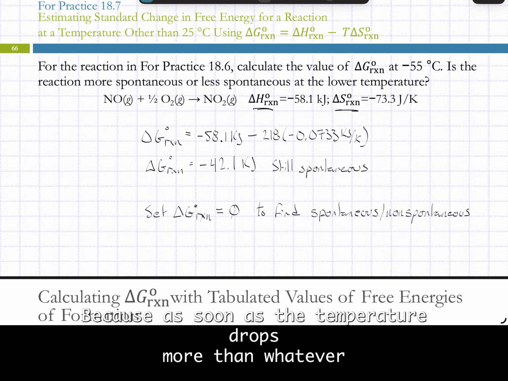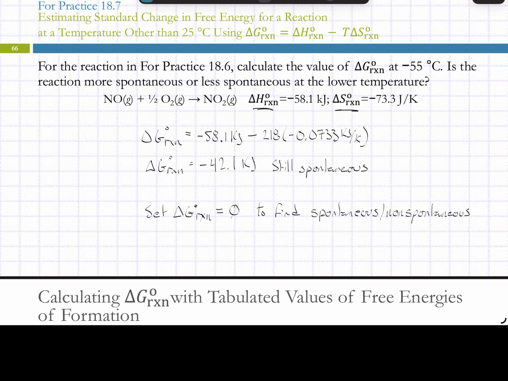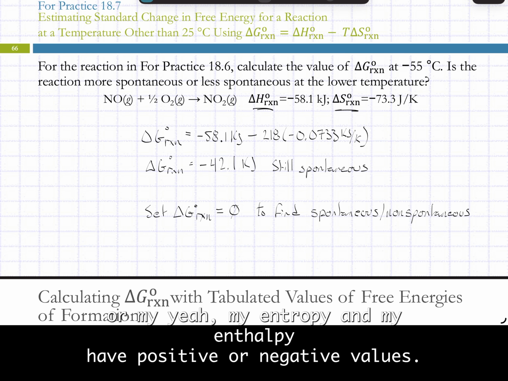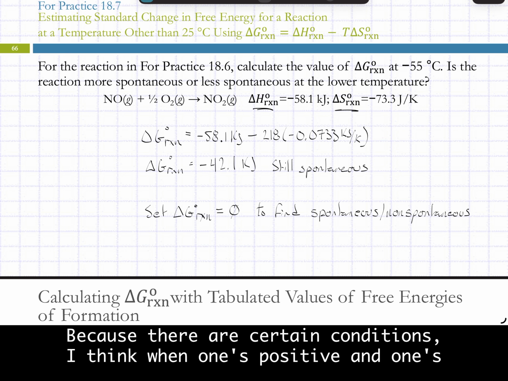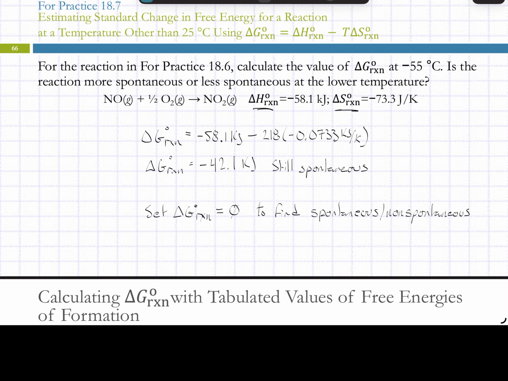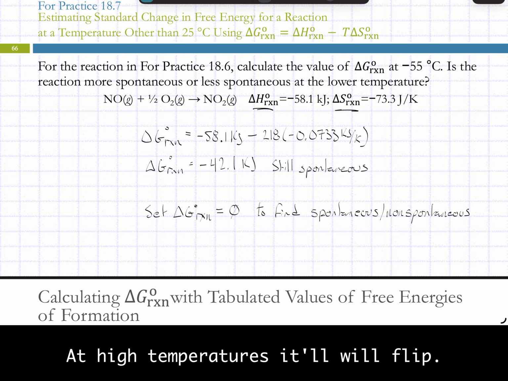Right? Because as soon as the temperature drops more than whatever it is when delta G is 0, then delta G will become positive. And this changes depending on whether my entropy and my enthalpy have positive or negative values. Because there are certain conditions, I think, when one's positive and the other's negative, then it's always spontaneous or always non-spontaneous. Here at low temperatures, so both negative, at low temperatures it'll flip. If they're both positive, at high temperatures it'll flip.